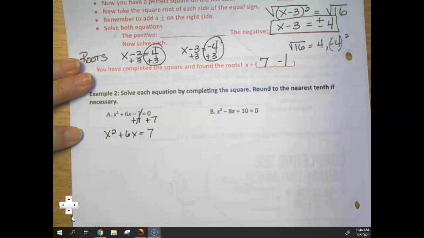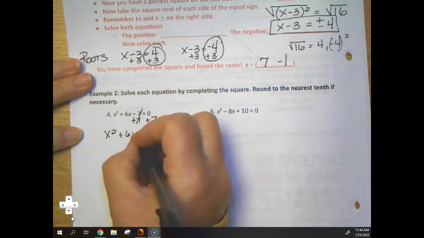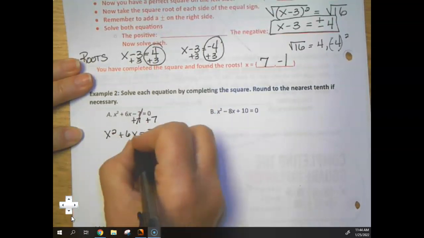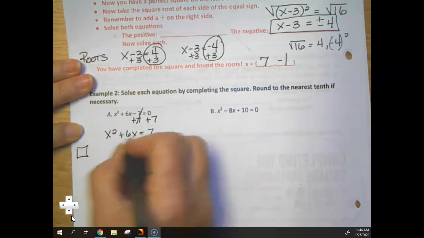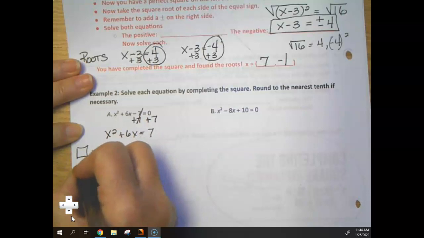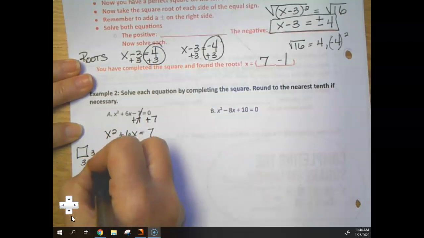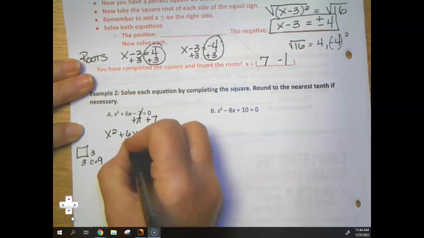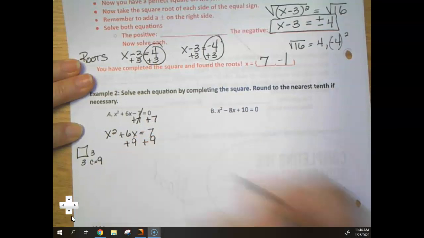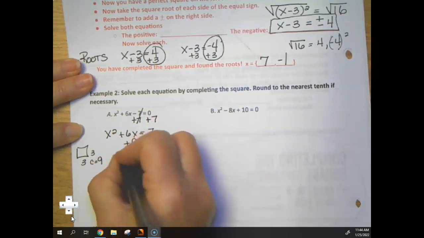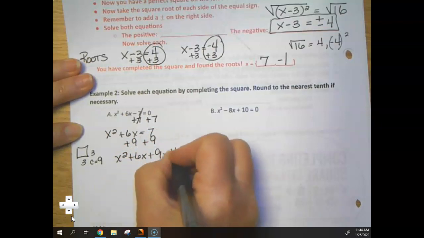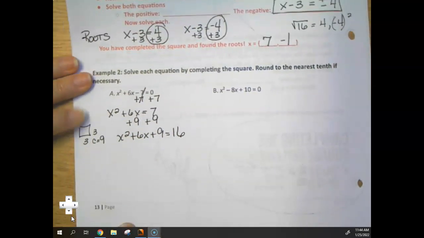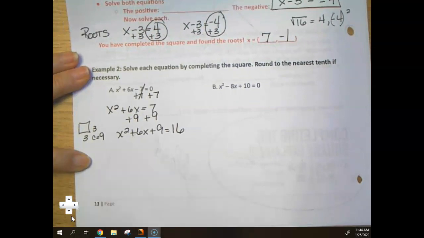I know when I'm completing the square, I need to add something to both sides. What do I need? I've got a positive 3 here and 3 here, which makes C equal 9. So I'm going to add 9 to both sides. So x squared plus 6x plus 9, again, equals 16. This looks kind of familiar, but it's different because it's plus.